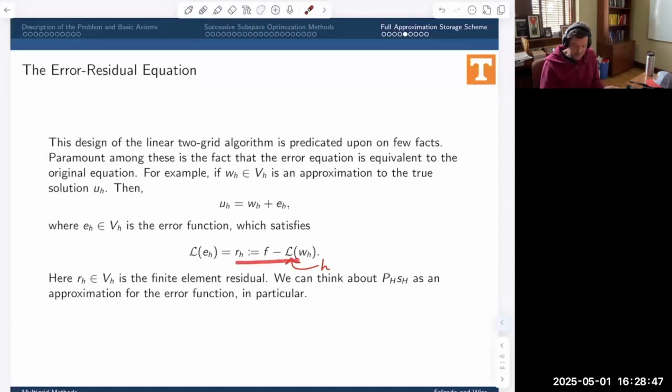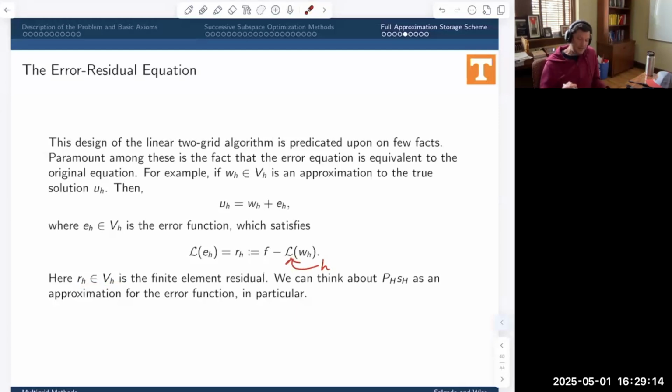Well, this residual is always computable. The question is, well, is the error computable? Well, it's no easier or harder than computing the true solution to begin with. That's why it's equivalent. So it's not necessarily going to be easier to do this, but we can see there's a clear equivalence between the error equation and solving the original problem. RH is computable. LH, that might not be as easily gotten.